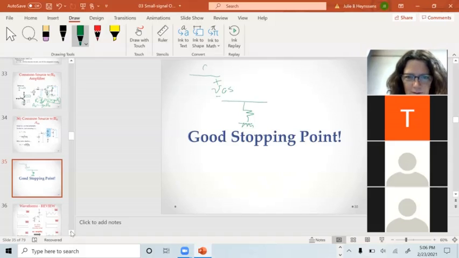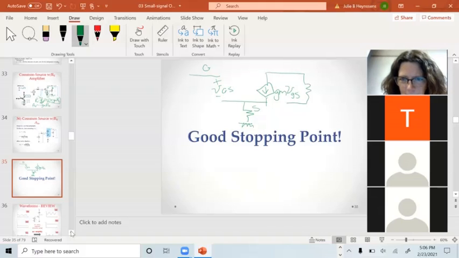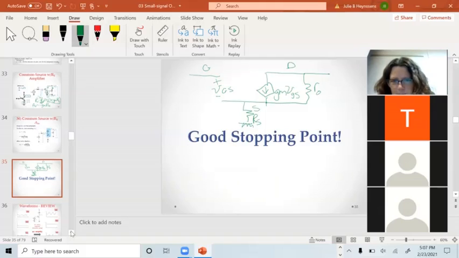V_GS, the gate, the source, g_m V_GS, and little r_o. Now, when we have the source resistor in there, I'm going to call this R_S. This is the drain. We want to see what happens to the, oh God, I don't want to do this. Okay, sorry.